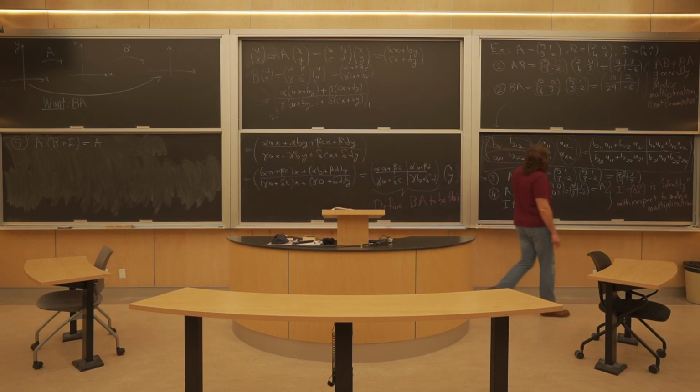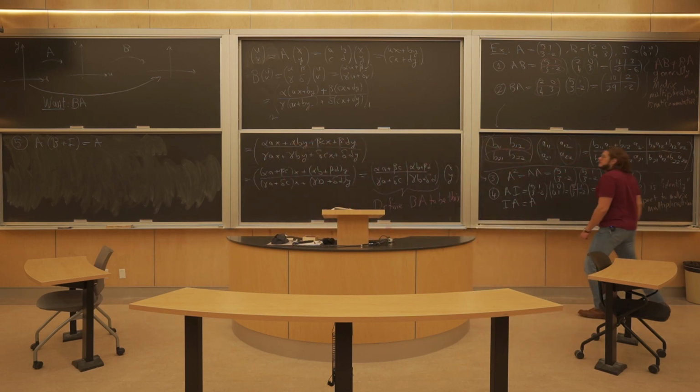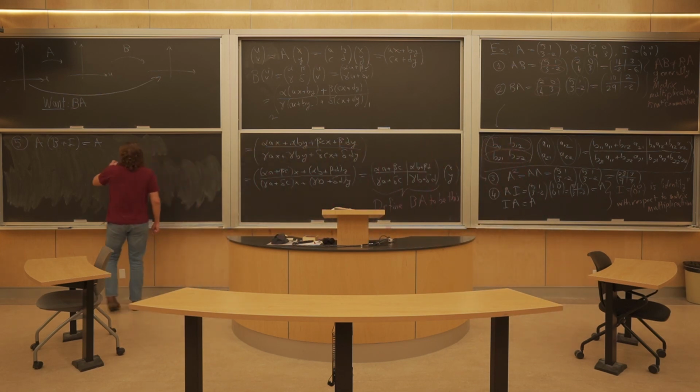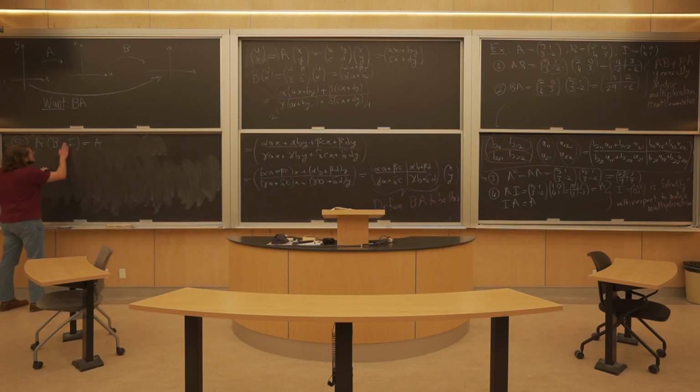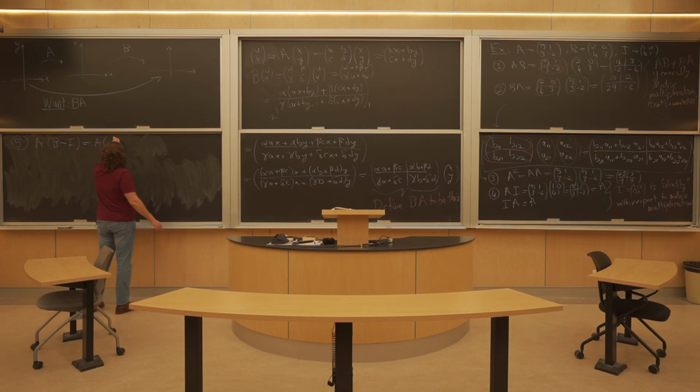B was 2, 0, 4, 3. Actually, let's change this a little bit, and let's say minus. Okay? So 2, 0, 4, 3 minus 1, 0, 0, 1. Now, before we were doing this in 2 steps.